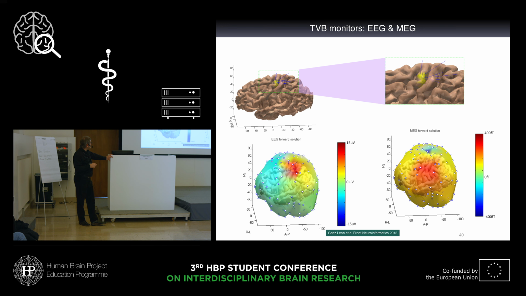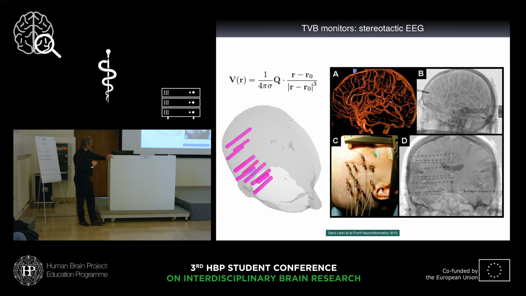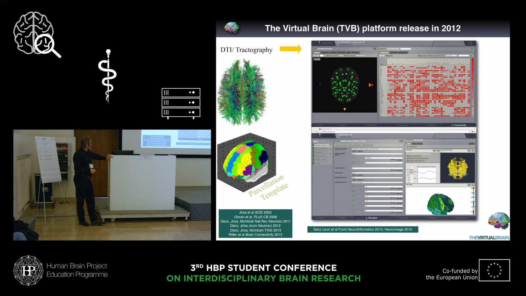Just a few snapshots for EEG, MEG, and fMRI. Here we use actually 3 models for the BOLD monitor. This is the balloon Windkessel model and the SEEG, because each of these electrode contacts samples from a particular volume around it. This needs to be taken into account. Some snapshots of the interface.